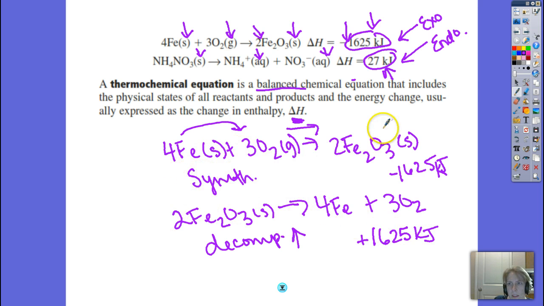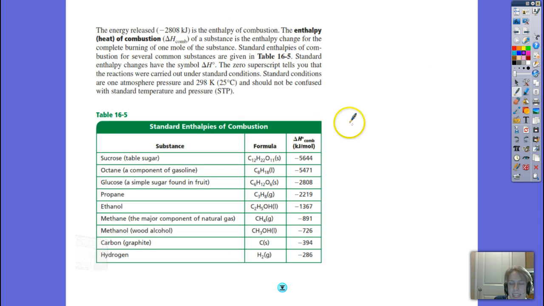We have on the next page a table of standard enthalpies of combustion. So if we are burning table sugar, so that would be sucrose plus O2 is going to give us CO2 and H2O. It's going to give off negative 5,644 kilojoules per mole.